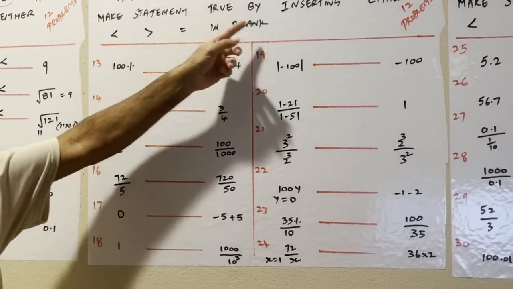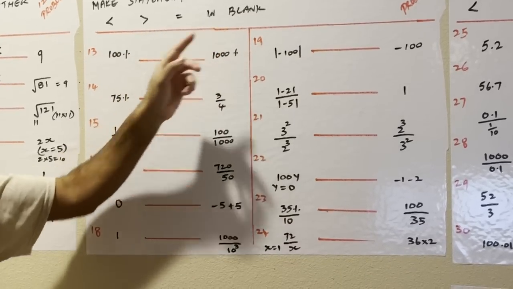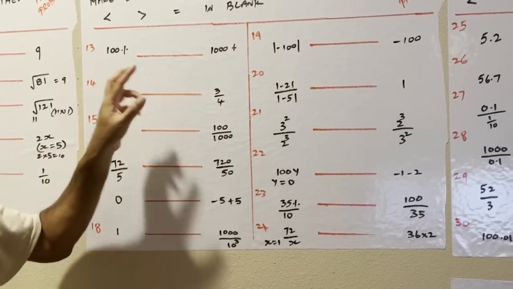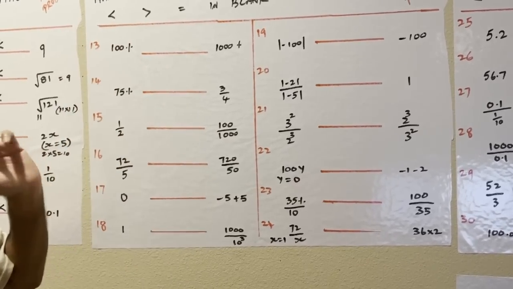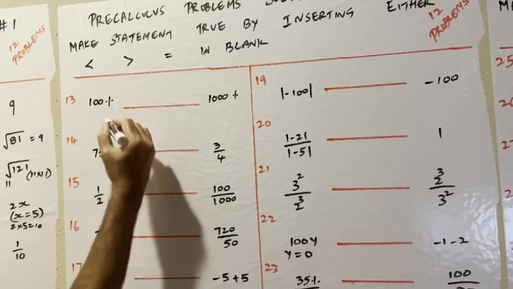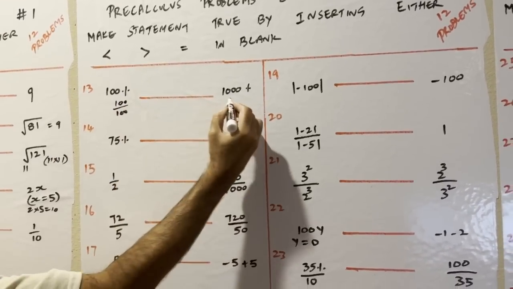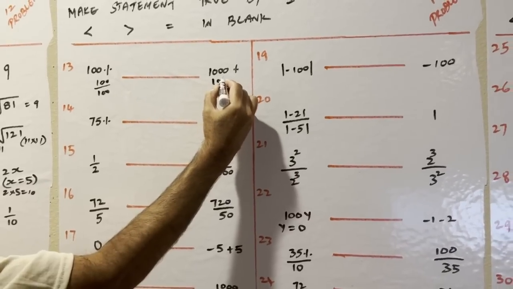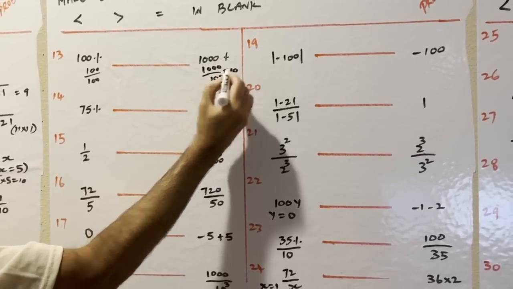Make the statement true by inserting either less than, greater than, or equal in the blank. We have two quantities. You have to evaluate each of them and put one of these signs. So 100%, here it's 1000%. 100% is what? 100 by 100. 1000% is 1000 divided by 100 equal to 10.